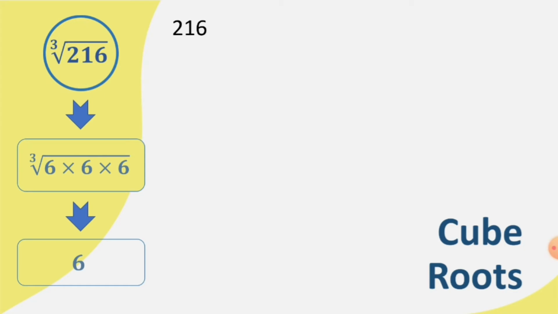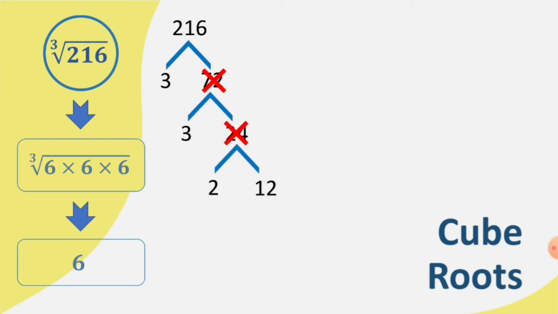216 can be written as the multiplication of 3 and 72. 72 is not a prime number, so we can write it as the multiplication of 3 and 24. 24 is the multiplication of 2 and 12, and 12 is the multiplication of 3 and 4. 4 is the multiplication of 2 times 2.